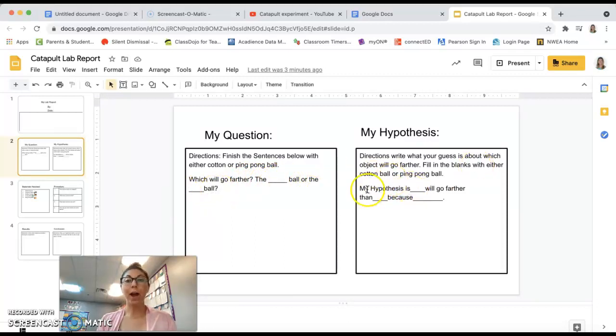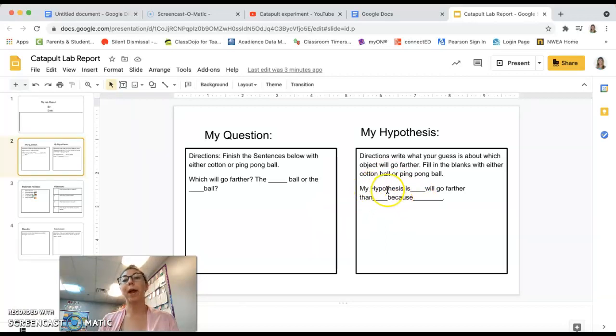Okay, for the My Hypothesis page, you're going to write what your guess is about which object will go farther. Okay, you're going to write, will the ping pong ball or will the cotton ball go farther? And then you need to tell me why. So on your paper copy, same thing.